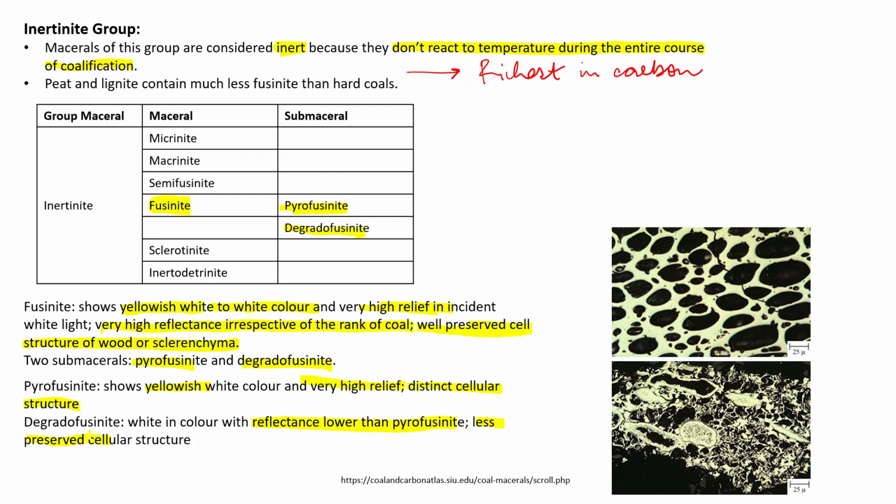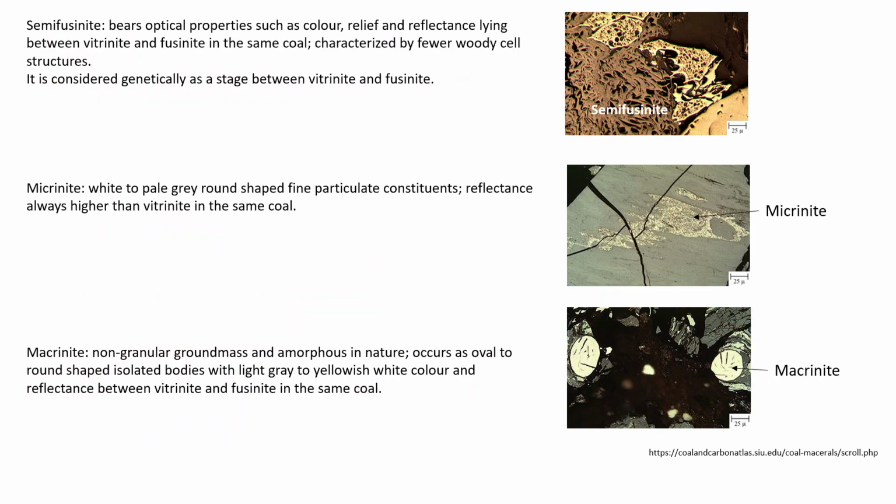So how to differentiate between pyrofusinite and degradofusinite? Of course, the color and reflectance may not give you the exact picture, but the cell structure preservation is important. Pyrofusinite has distinct cellular structure, while degradofusinite has less preserved cell structure. I hope you are getting it.